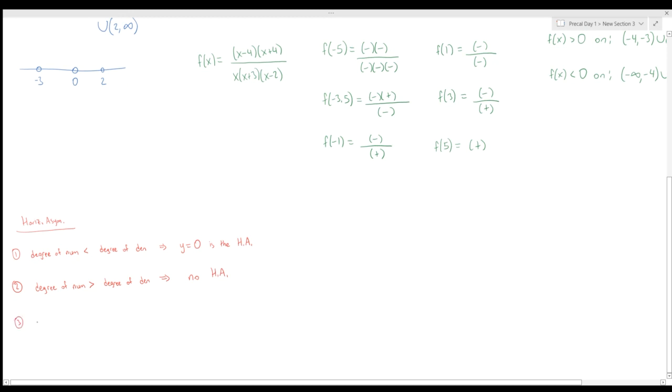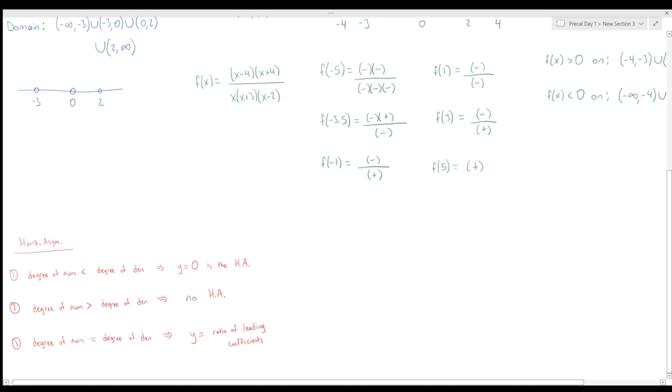And then lastly, if the numerator and the denominator have the same degree, then you have a horizontal asymptote. And the equation of the horizontal asymptote, y, will be equal to the ratio of the leading coefficients in the numerator and the denominator.